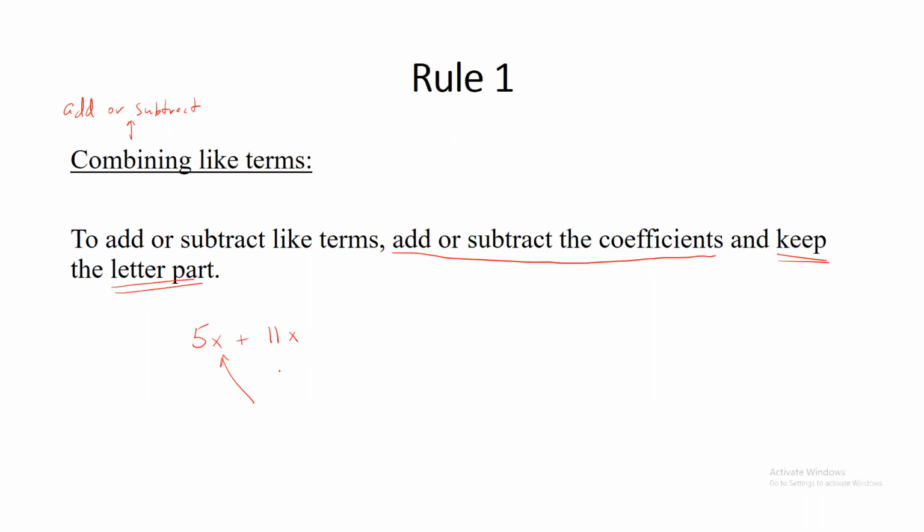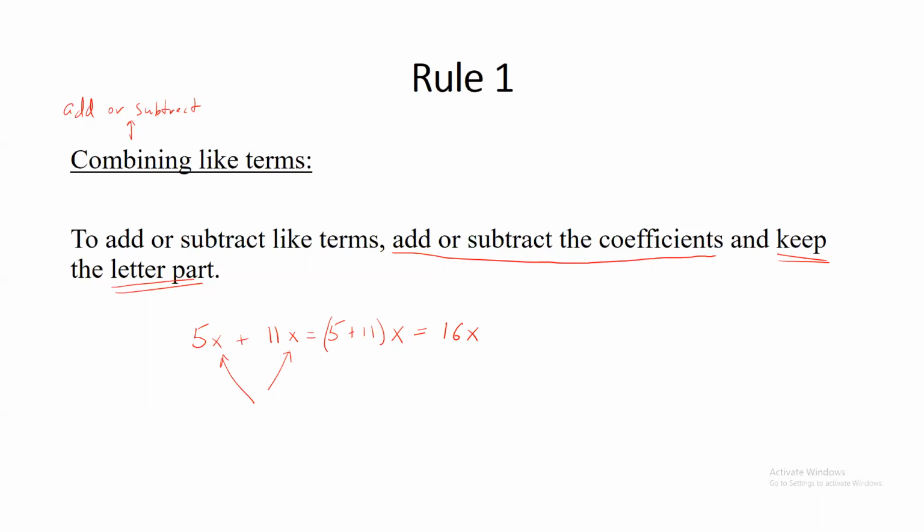What am I supposed to do first? Add or subtract the coefficients. It says add. So what are my coefficients? My coefficients are 5 and 11. I add that, and I keep the letter part, the x. And so 5 plus 11 is 16. We have 16x.